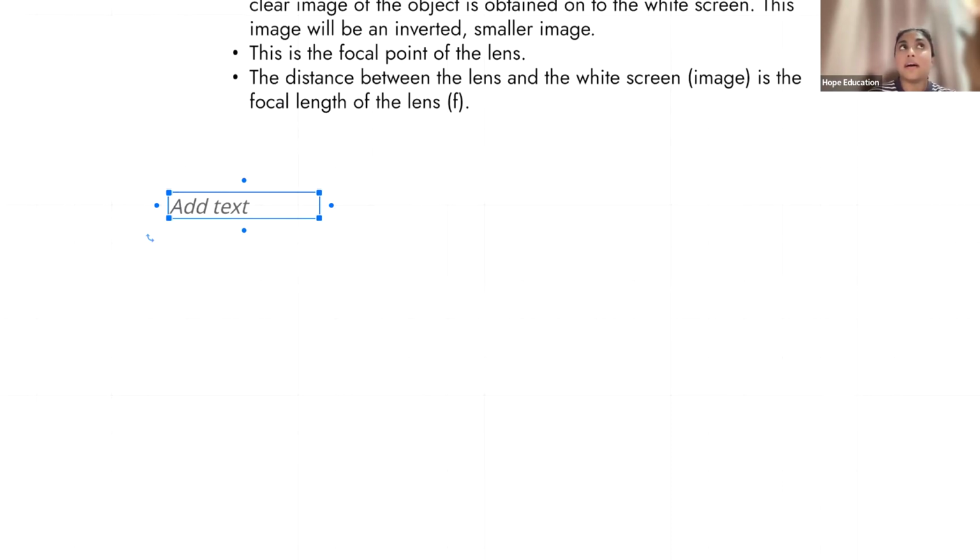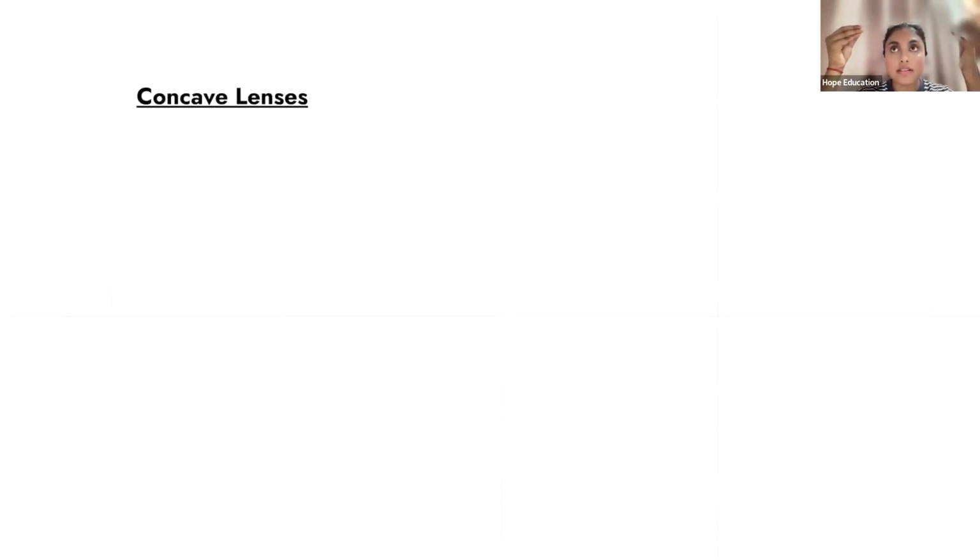If you remember, when we talked about convex lenses, we said that convex lenses are formed by the combination of two imaginary spheres. They are not real spheres, they are imaginary spheres. We can understand how a convex lens might have formed using these two imaginary spheres. Concave lenses also have two imaginary spheres, right? So this is how it looks like. Don't draw anything.